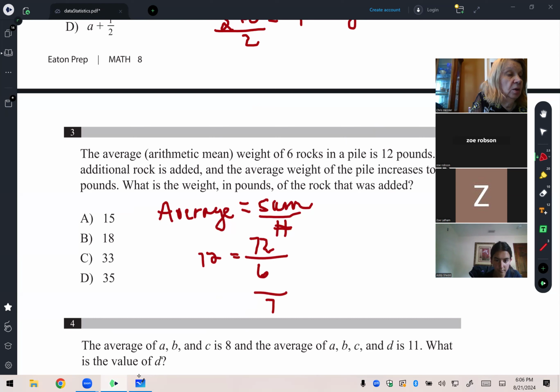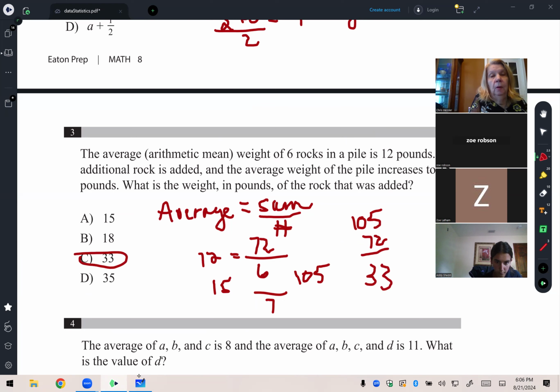And then the whole thing goes up to 15 pounds, which is 105. So we want the difference. What was that last rock we added? And it has to be 33. So I'm assuming everybody's good with that one. I just want you to do this ahead of Saturday or whenever Zoe Robson takes her ACT.